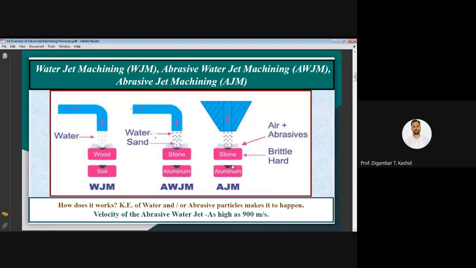But as per this phenomenon, it is possible to remove material from the stone as well as the aluminum using the air plus abrasive jet. Okay, now again this is called the destructive phenomenon.